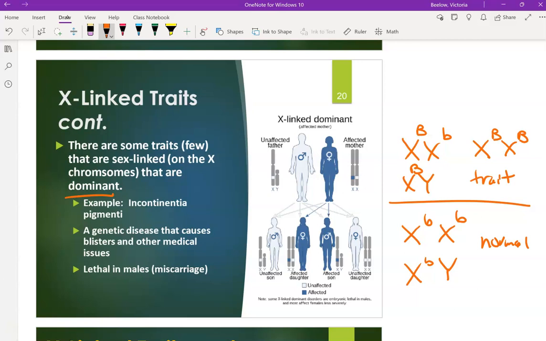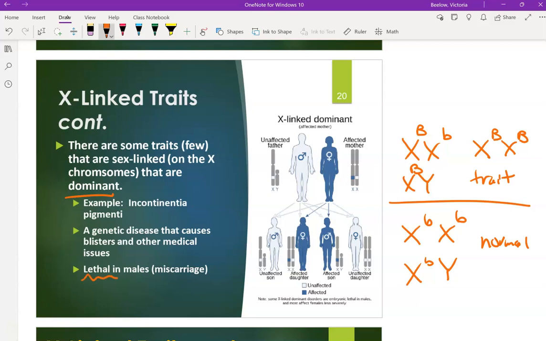This is a genetic disorder that can cause medical problems with skin. So I would almost say that this would probably be more common in females because there's maybe a little bit more of a chance, but otherwise I think it's more probably split like 50-50. So there's really no preference for it being more prevalent in males or females, because as long as you have the capital letter, you would display that trait, whether you're male or female.